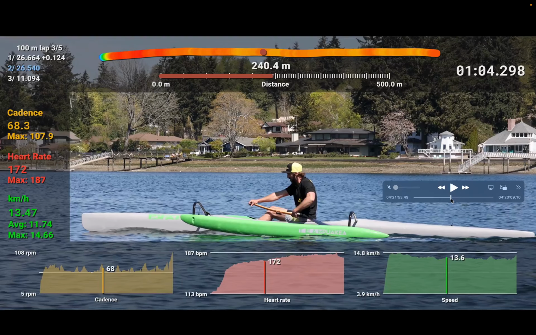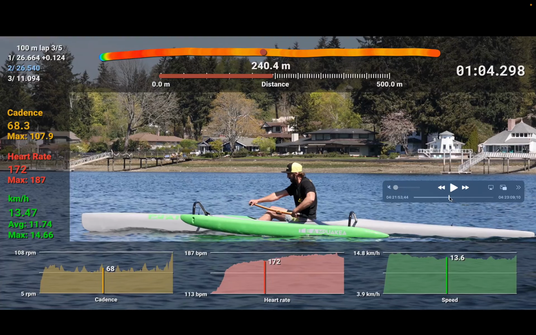So my biggest takeaway from this is that I don't personally understand the bursts in cadence, the stroke rate changes. I think if you just had a more consistent 65 across the board, your overall average speed during the race would improve.